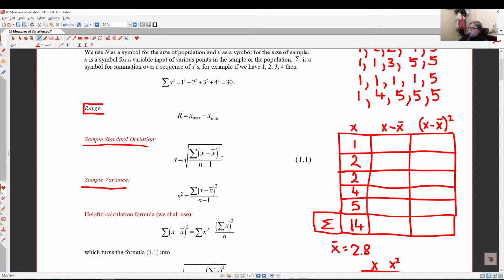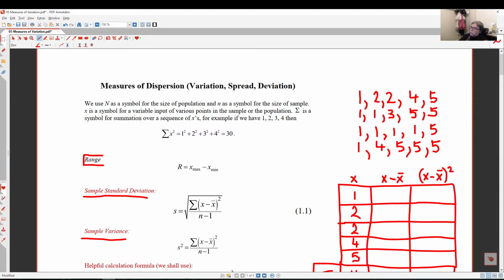The idea of this formula is to calculate approximately the average jump away from the mean. So for example, here we have 3, 1, 1, 5, 5. It's obvious that in this second sample the mean will be 3. You can calculate that by adding 1 plus 1 plus 3 plus 5 plus 5. If you do that, you get 15, and 15 divided by 5 is 3. So 3 is the mean.